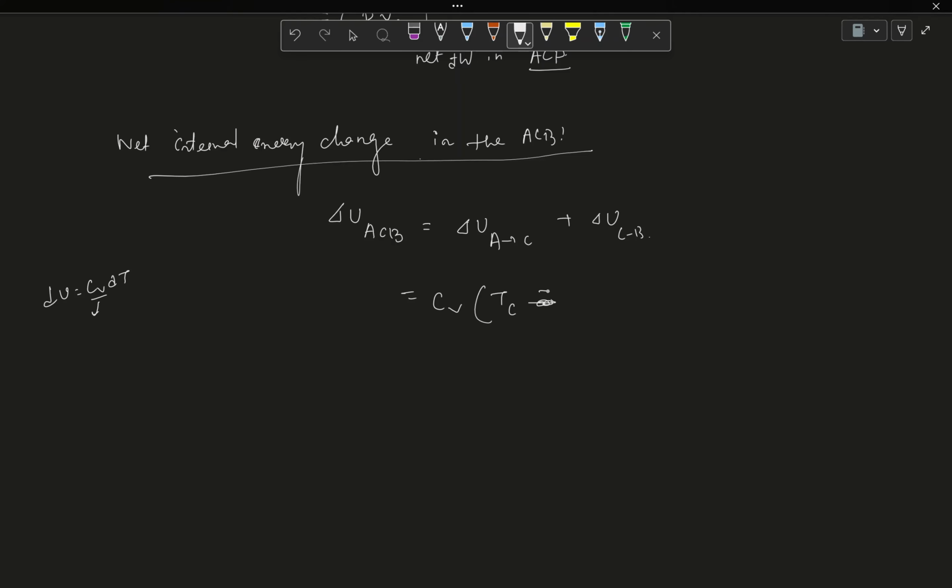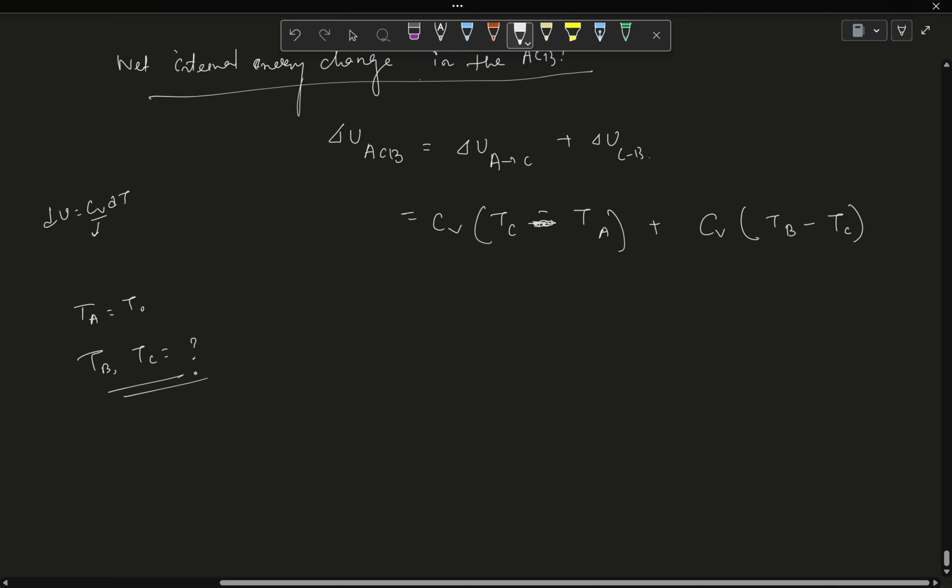This Tc is not some transition point temperature, but the temperature at the point C. Similarly, Ta is the temperature at the point A. Okay, and in the second case you also take Cv into the temperature at the point B, which is the final point, minus the temperature at the point C, which is the initial point. These are taken like that because we have already stated that U is a state variable, so it depends on the initial and final state, in this case the initial and final state temperatures. Now in the question they have mentioned that your Ta is given as T0, but you have no idea about what Tb and Tc are.